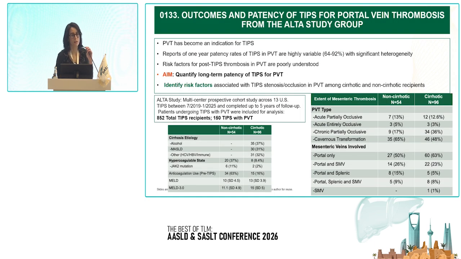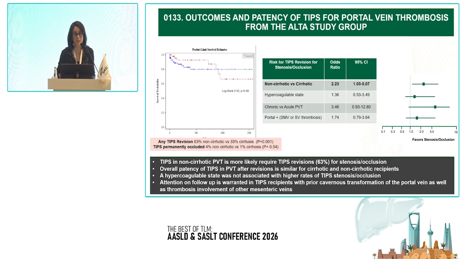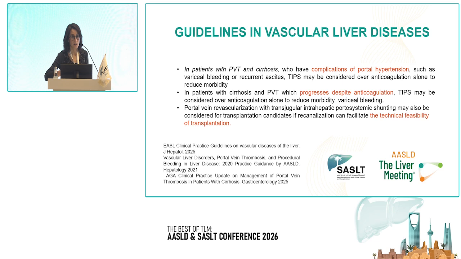This is another abstract that was presented, evaluating exactly what happened with patients receiving TIPS with PVT in the absence or presence of cirrhosis, and trying to identify the rates of occlusion, because most of these patients do have underlying thrombophilia. So these TIPS require a little bit more follow-up and more TIPS revisions, especially in those patients with myeloproliferative neoplasm and the absence of cirrhosis, to really maintain patency over the long term.